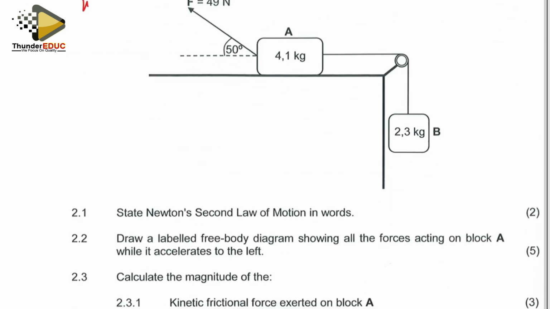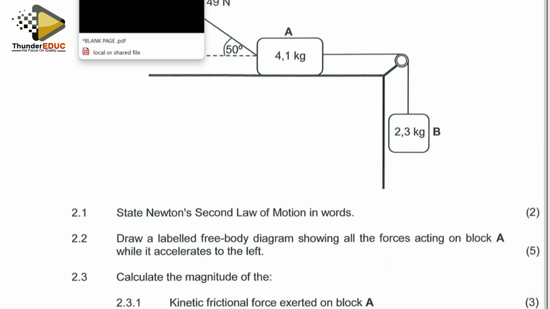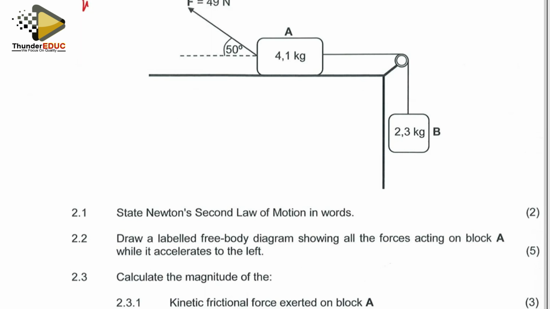Okay, then 2.1, they're asking us to state Newton's second law in words. Okay, so what we know about Newton's second law in words is that when a net force, let me just try to write it here.